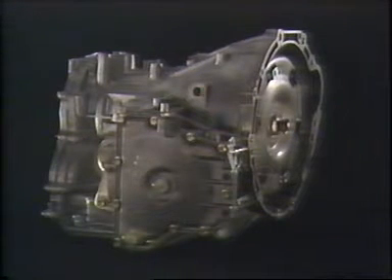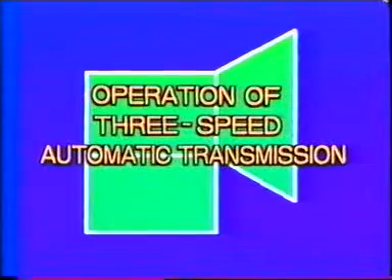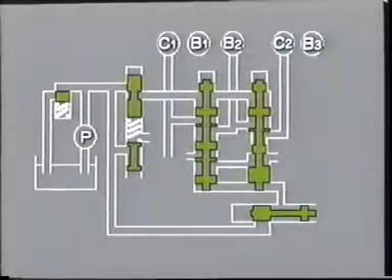Now, based on what we have learned so far, let's study the basic operation of a 3-speed automatic transmission. This shows the basic circuitry of the hydraulic control system of a 3-speed automatic transmission.